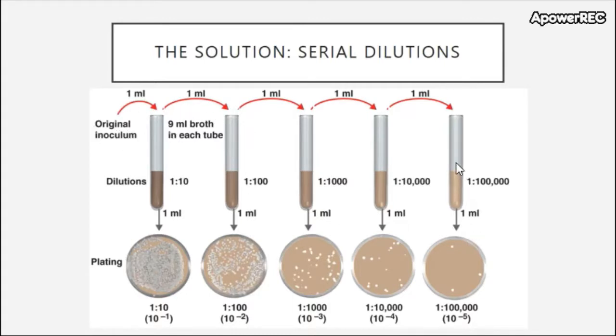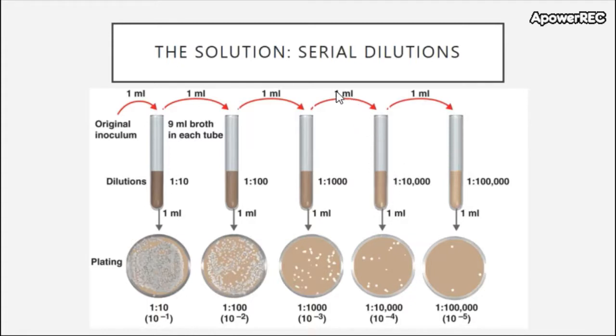So if there were 3 bacterium per milliliter here, and we take 3 and multiply it by our dilution factor, we can get the original concentration of this solution here. Our dilution factor was 1 milliliter in 9 milliliters, or the fraction is 1 out of 10, so our dilution factor is 10. So 3 colonies per milliliter times 10 is 30. So we had 30 colonies per milliliter here.